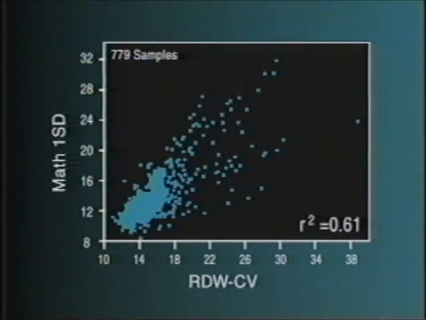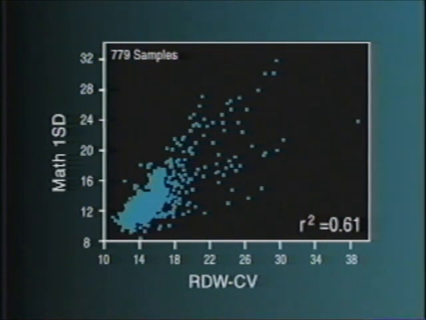We then did the same thing comparing the RDW-CV to this Math 1SD. Now in this sample we have more patients. We have 779 samples, and that's because we included samples both on the NE8000 and from the Coulter Stack S. We had looked at the RDW-CV measurements from these two instruments and found out that they were equivalent measures.